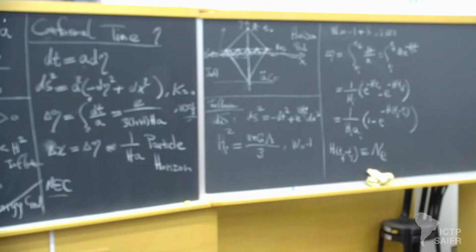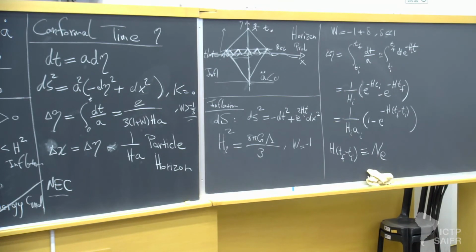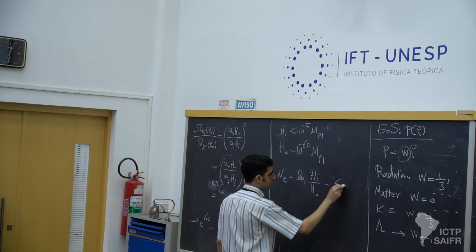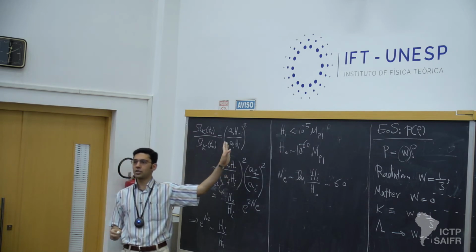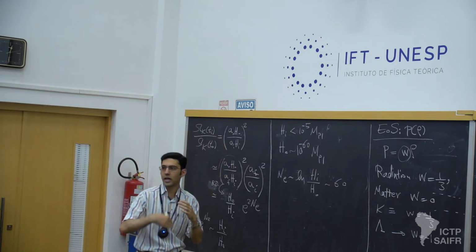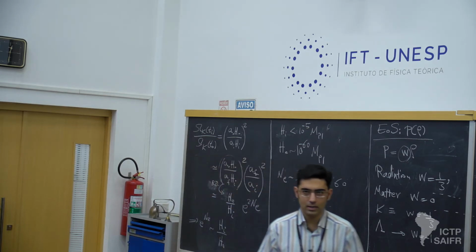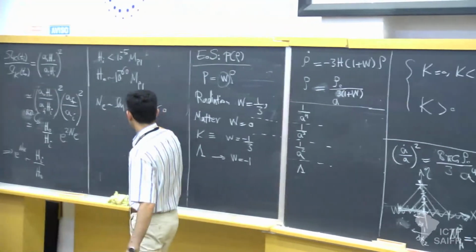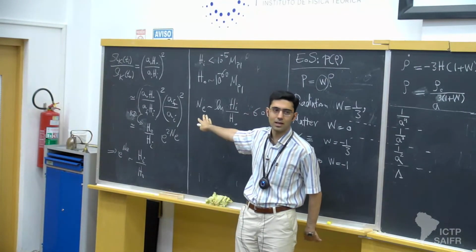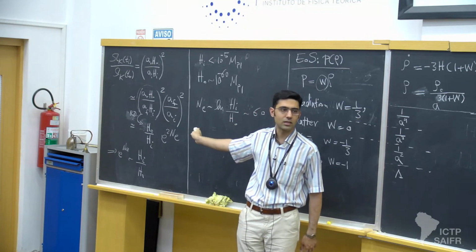Now, another important thing I have to emphasize here is that this NE was the log of HI over H0, which I said has to be of order 60. Now, I made many approximations here, and many assumptions about how reheating happens, and whether the transition from inflation to the next phase is going to be fast or slow. The important point to realize is that this formula is relatively insensitive to those assumptions.